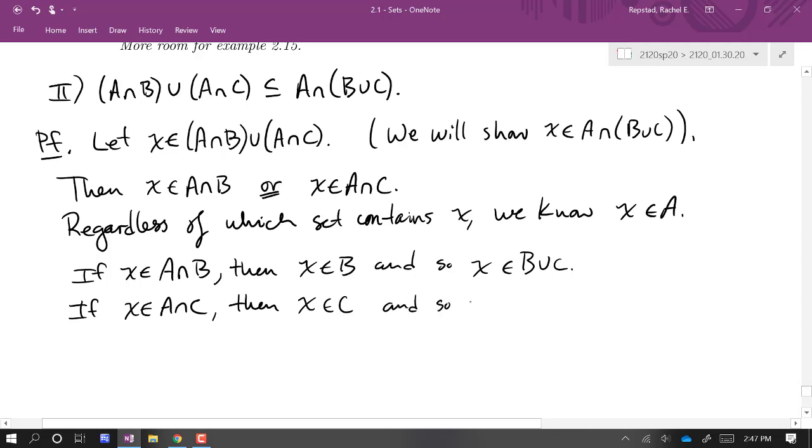X is an element of B union C. Okay, so now regardless of which of those two intersections it's in, we can say for sure that it's in B union C. We already said it's for sure an element of A.